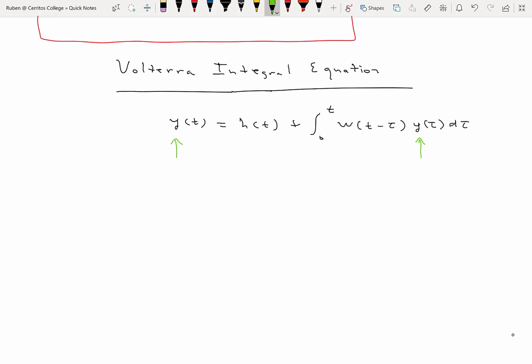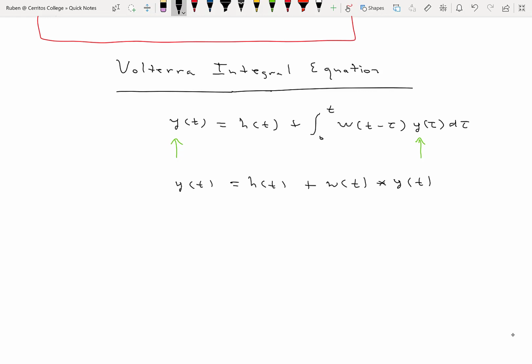Okay, and now look at the Volterra integral equation a little more carefully. This can be written as y of t equals that known h of t plus a convolution of w of t and y of t. So the Volterra integral equation can be written in convolution form as y of t equals h of t plus the convolution of the known w of t and the unknown y of t.